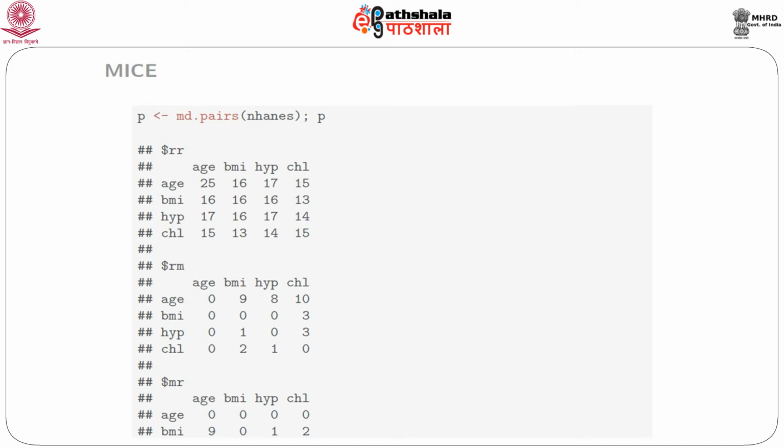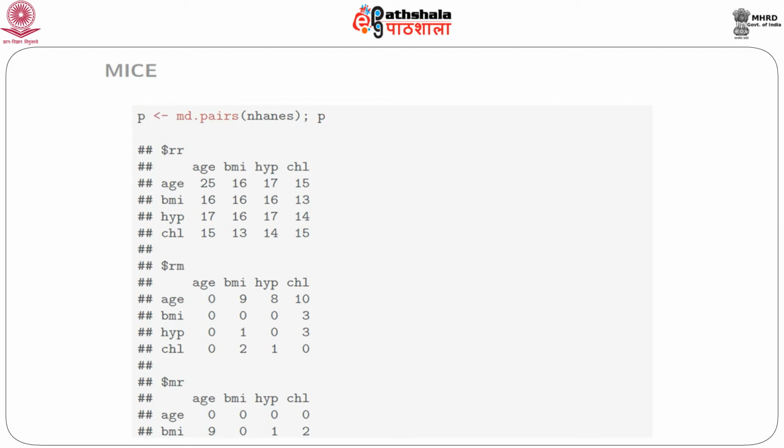Then it might happen that the first variable is observed and the second variable is missing, that is pattern RM. The third pattern is that the first variable is missing while the second variable is observed, that is pattern MR. Then we have the fourth and final pattern where both are missing, and that is pattern MM.